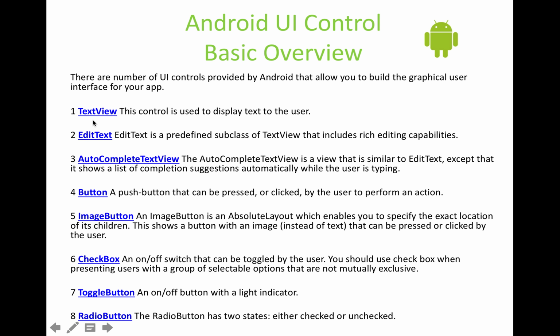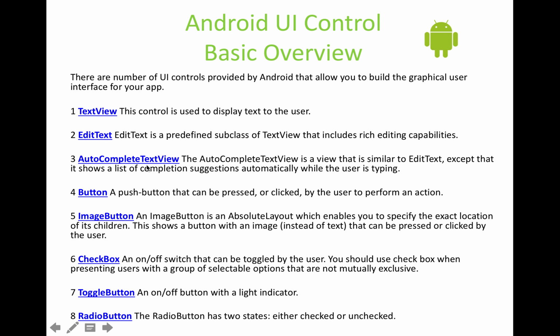The TextView is one of the UI controls. This control is used to display any kind of text, such as a label or header. You can use a TextView anywhere. This is the UI control.